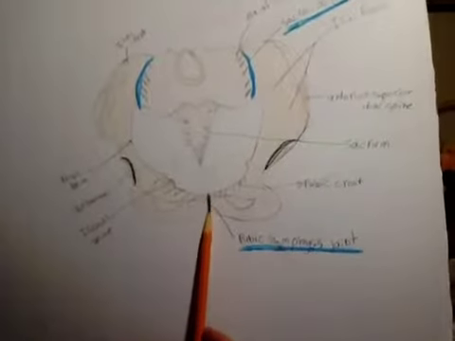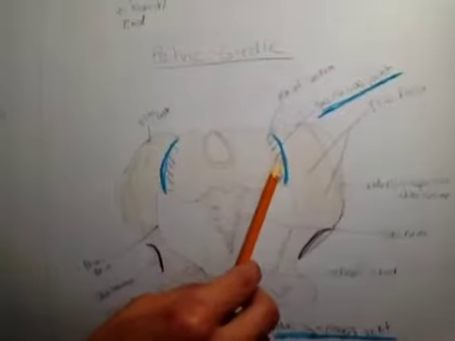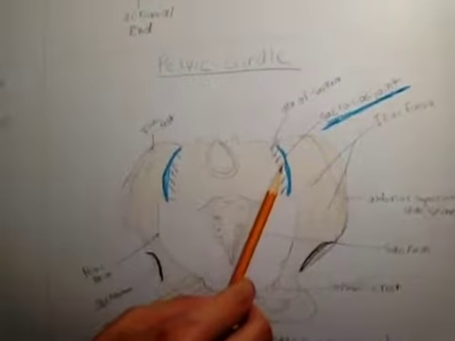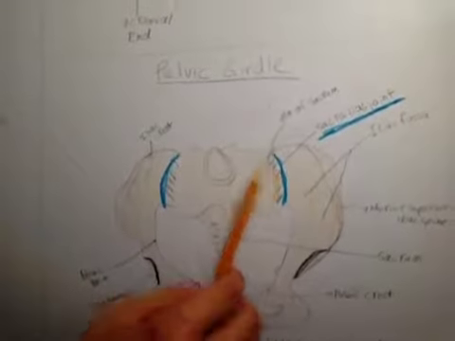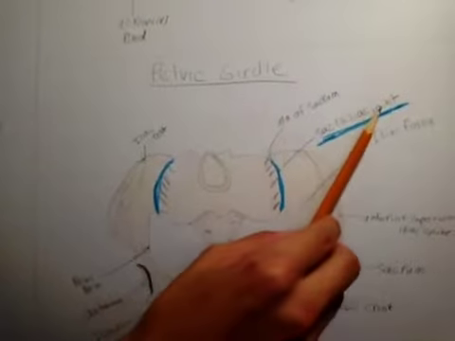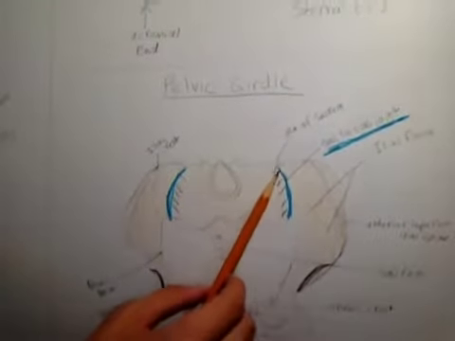So again, this is where the articulation happens between the axial and appendicular parts of the skeleton in the pelvic girdle section, which is the sacroiliac joint between the ilium and the sacrum.